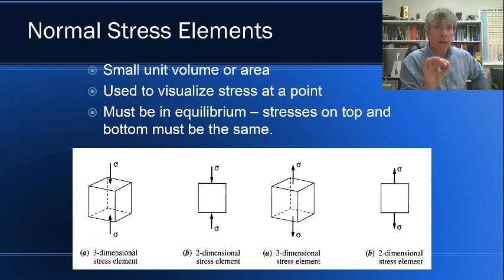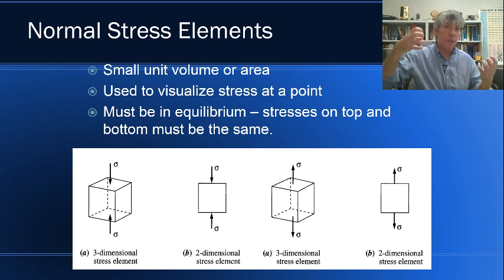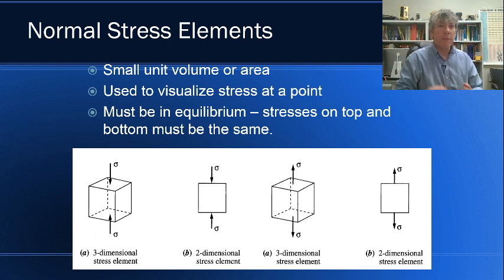We could keep zooming in until we talk about a point, and an infinitesimal point will still have stress on it. And you can think of that stress sort of as a force because the area on either side is the same, so the forces on either side would be the same, and it has to be for the element to be in equilibrium. And as long as the material is not coming apart, every single point inside of the material has to somehow be in equilibrium. This concept will be very, very useful for us as we go along.